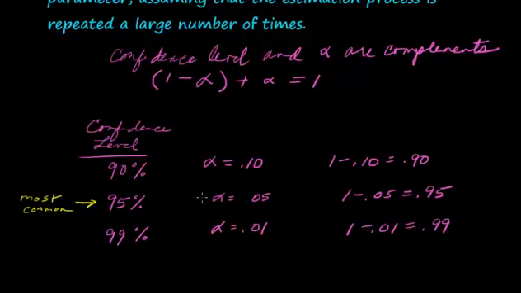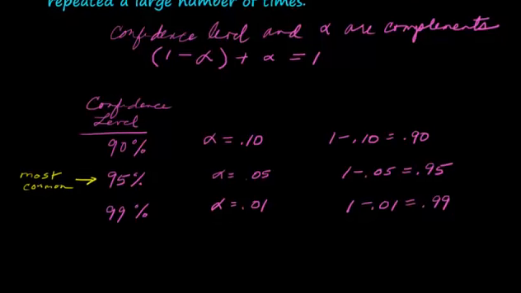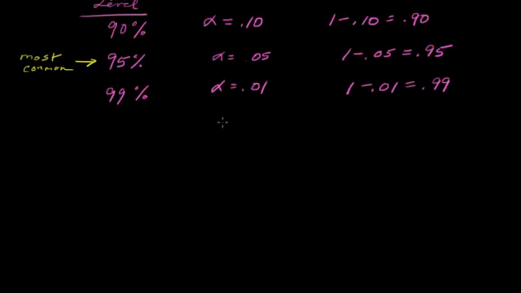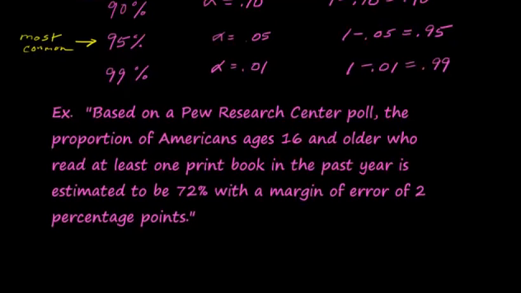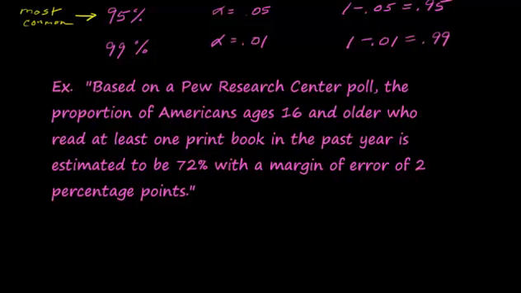Okay, so kind of jumping ahead, but just so you can see where we're going, you'll often see in the media some report that looks sort of like this example. And it would say something like, based on a Pew Research Center poll, the proportion of Americans ages 16 and older who read at least one print book in the past year is estimated to be 72%, with a margin of error of 2 percentage points.